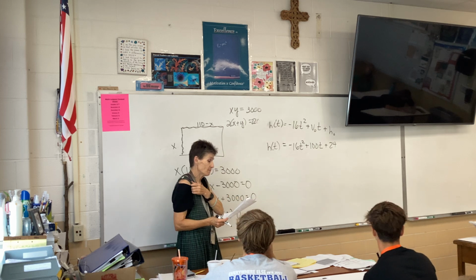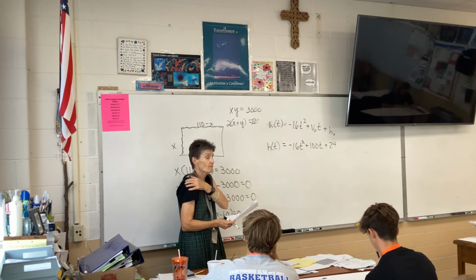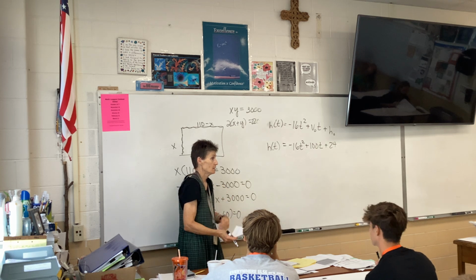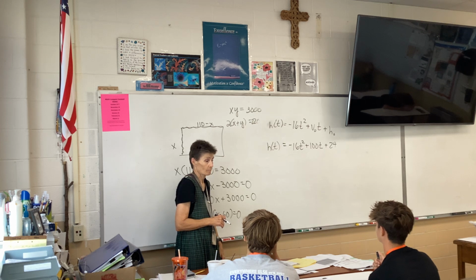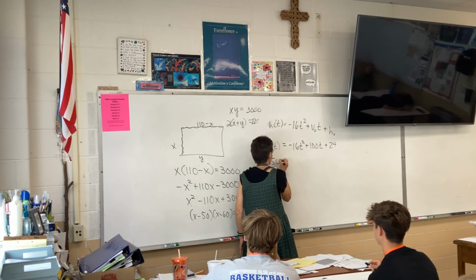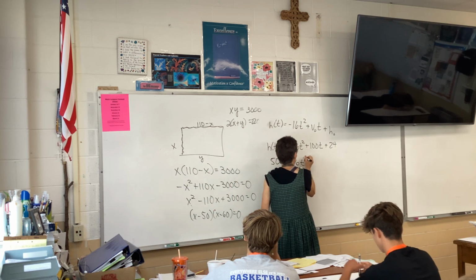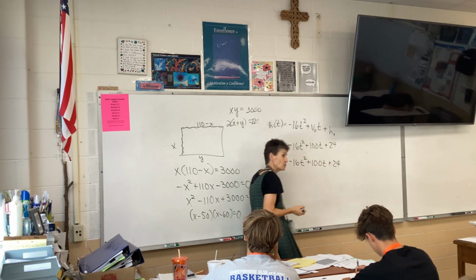Now, I want the height above the ground to be at least 50. Okay, so I've got a couple of options. What could I do? We have to do something. Put 50 in here, and then solve that equation.